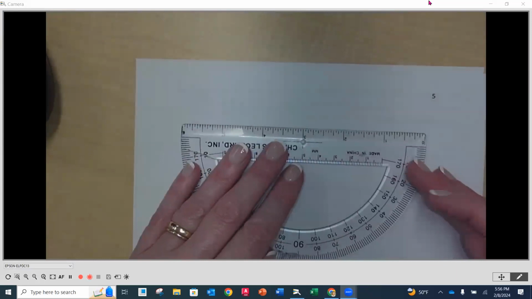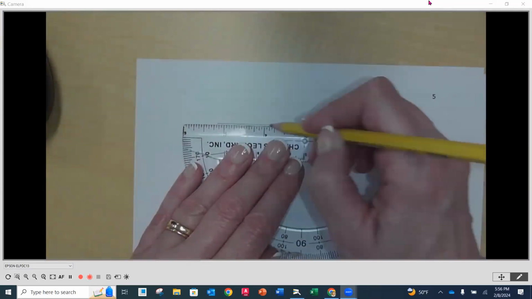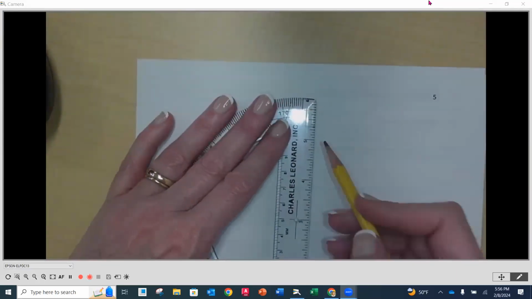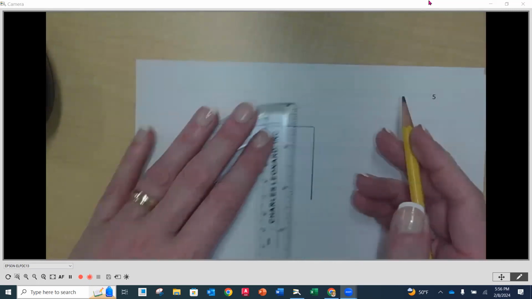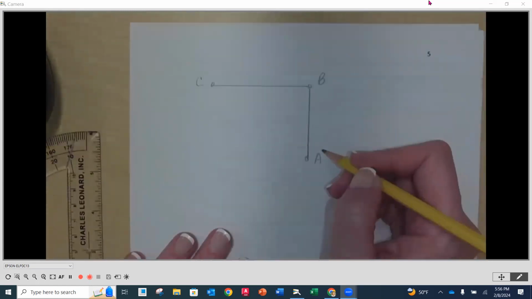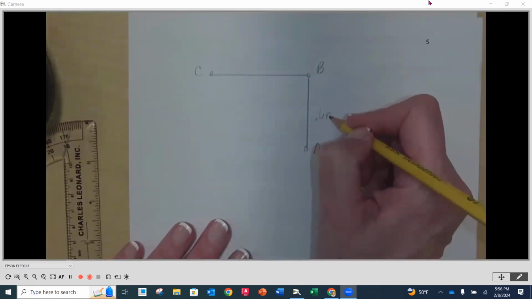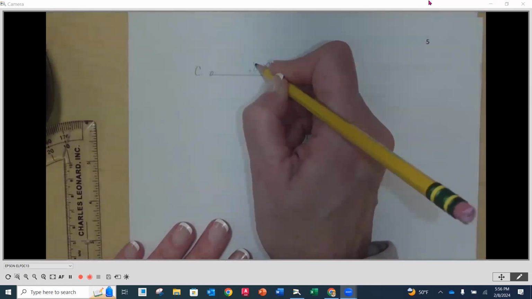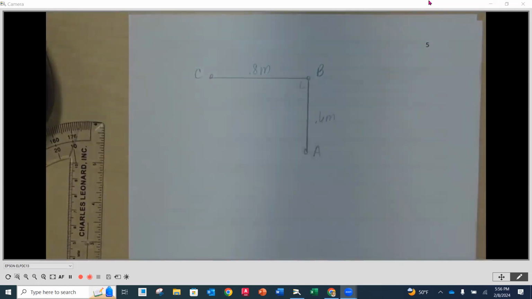Okay, so blank piece of paper. I'm going to start at the top here, and we're going to redraw that very same illustration at the beginning. So 0.8 in this direction, 0.6 going down. This is C, this is B, this is A. 0.6 meters, 0.8 meters. 90-degree angle here, assumed.